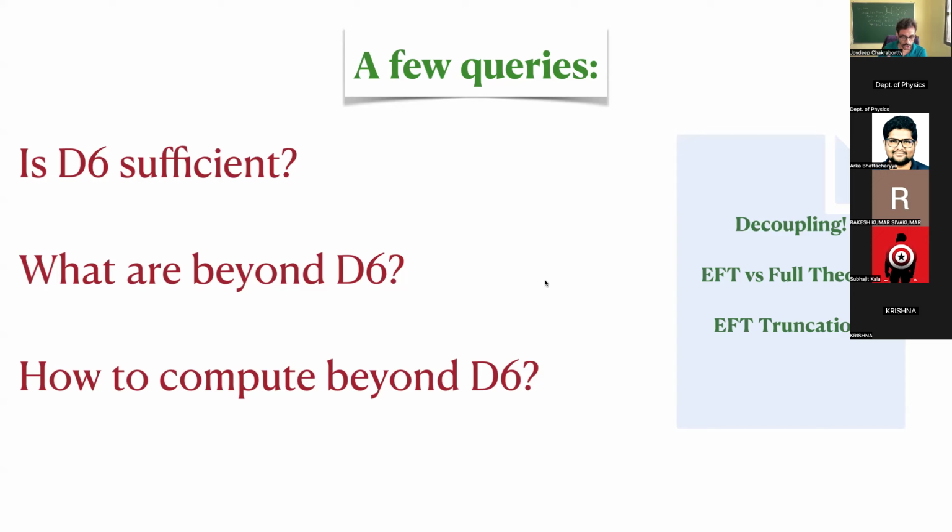That means the contribution from dimension 6 will always be larger than dimension 8, but dimension 8 could be important. Now, where to truncate is like a philosophical statement, okay? But how to estimate it should go case by case.